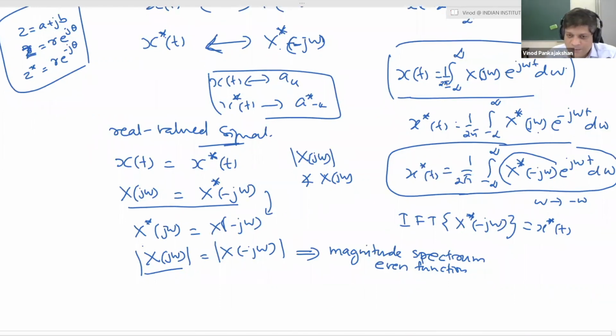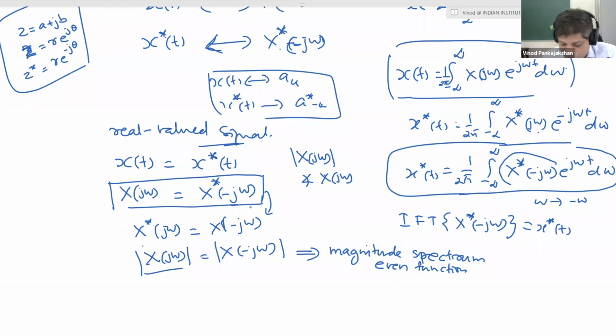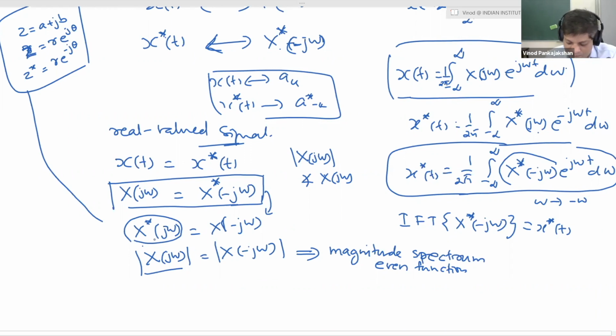Can you tell me about the phase spectrum of a real valued signal? This is the relation for a real valued signal. Can you tell me what is the relation for the phase spectrum? What is the phase of this x star j omega? You can get it from here.